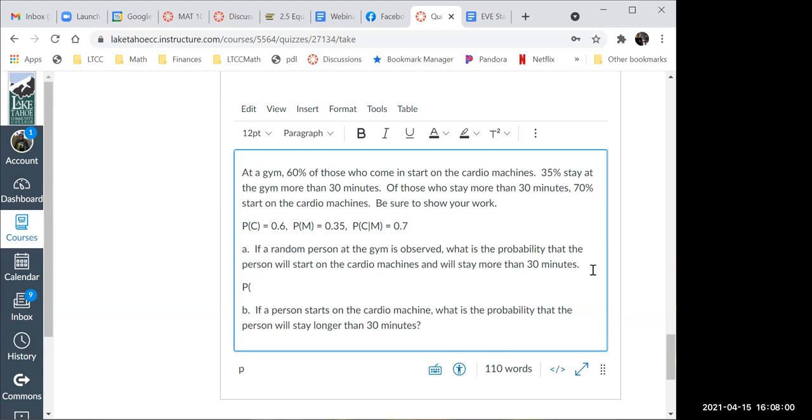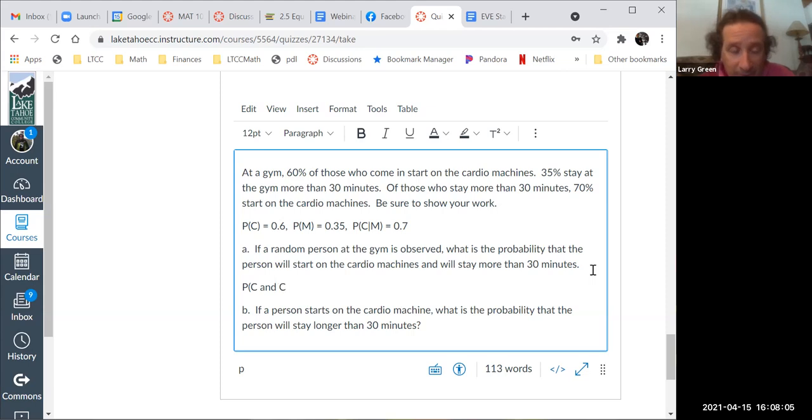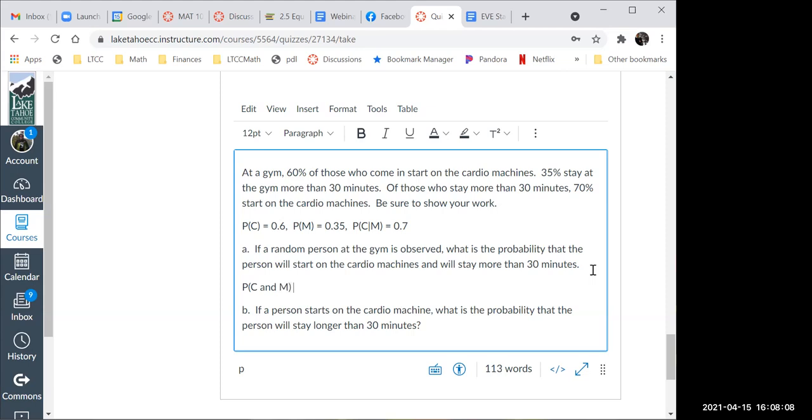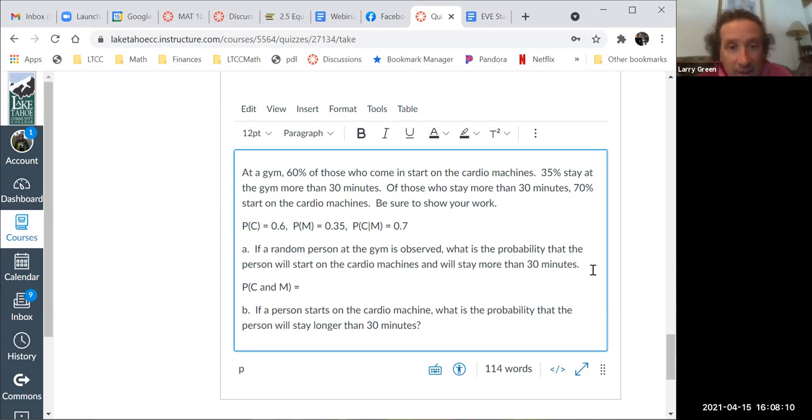Probability of C and M. And we had a formula that says the probability of C and M is the probability of C given M times the probability of M. The way I wrote it 2 days ago was the probability of A and B is the probability of A given B times the probability of B. But the letters don't matter as long as you keep track of them.